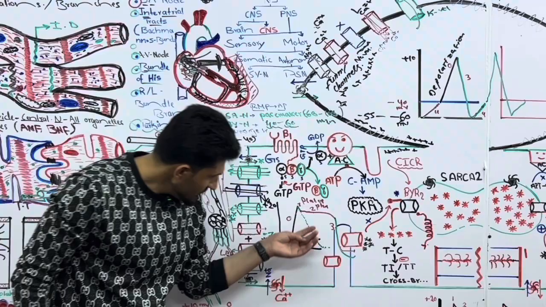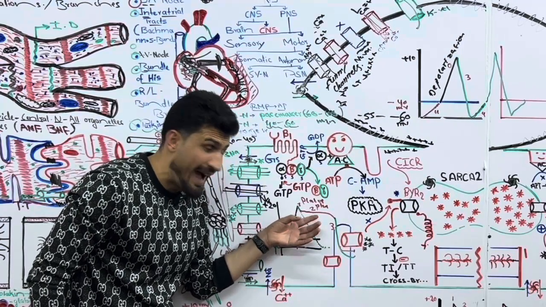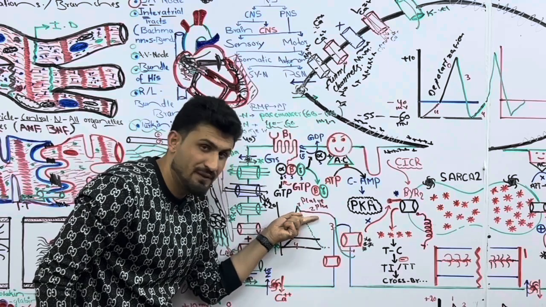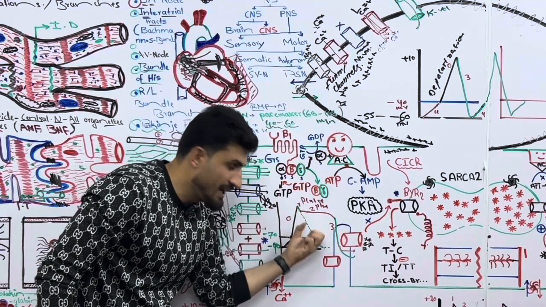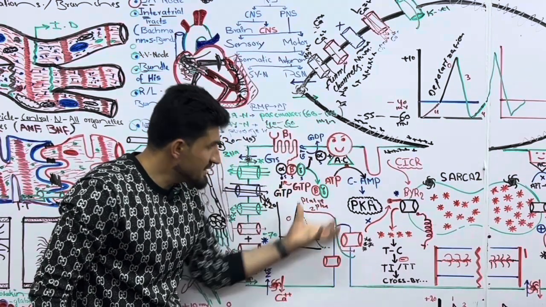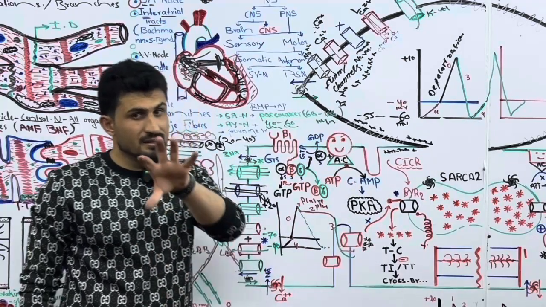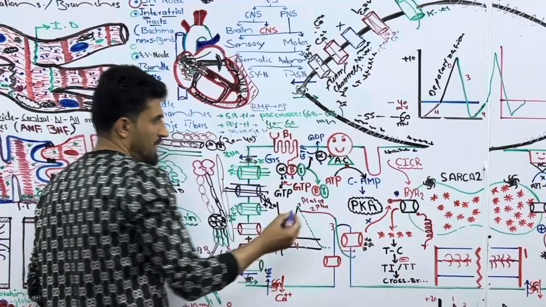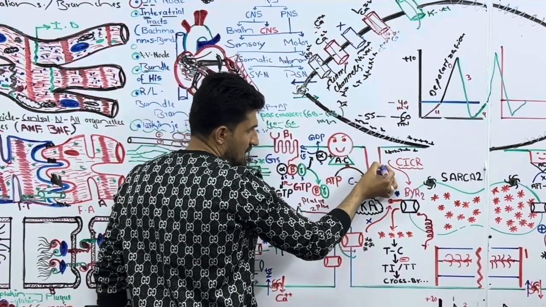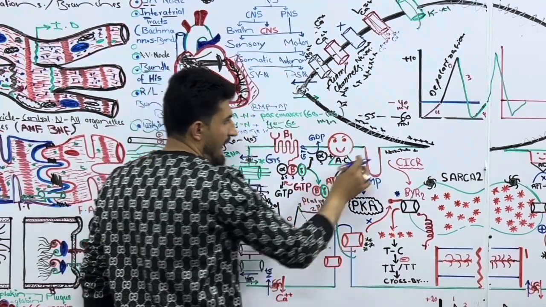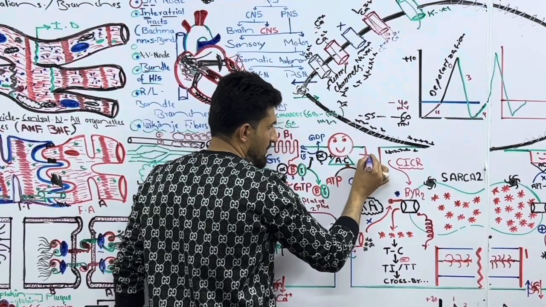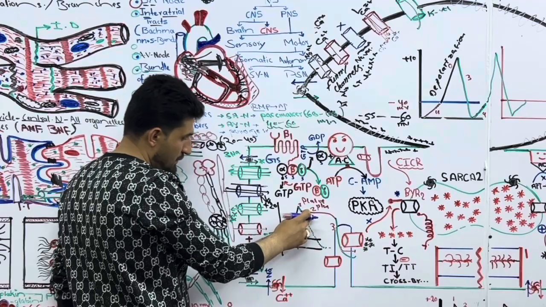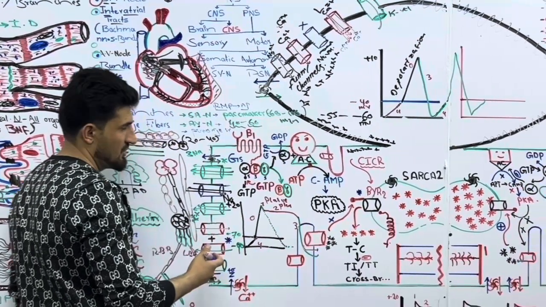Now listen carefully to how this depolarization causes contraction of myocardium. In the plateau phase, a lot of calcium enters the cell. This calcium has some functions. For example, the first function of this calcium: this is a T tubule, and we have these channels of calcium inside the T tubule, which open in this phase and are called L-type calcium channels.